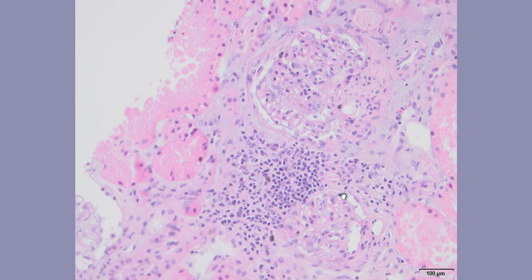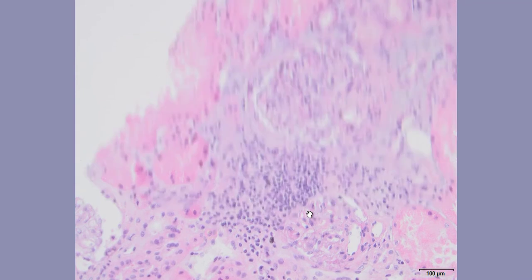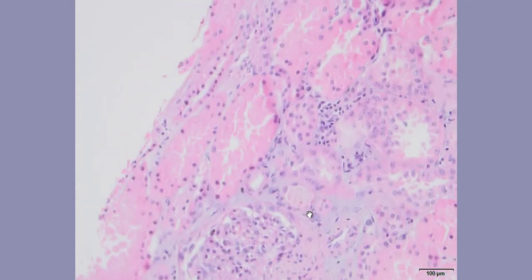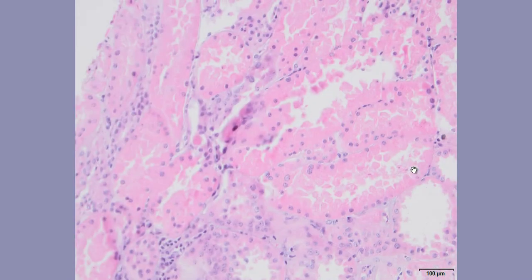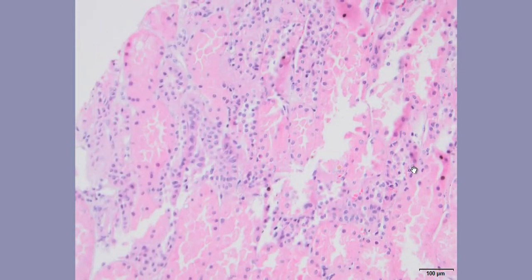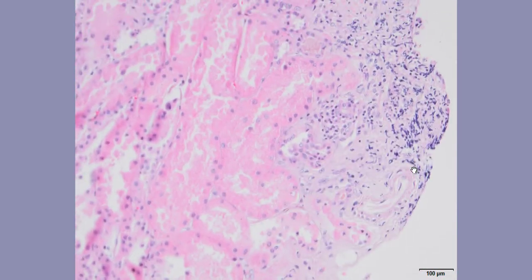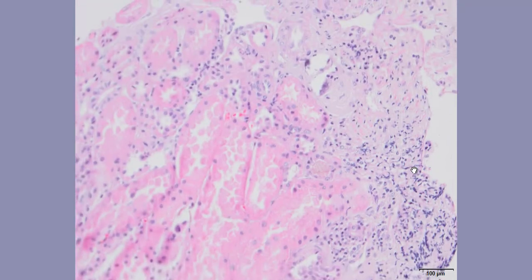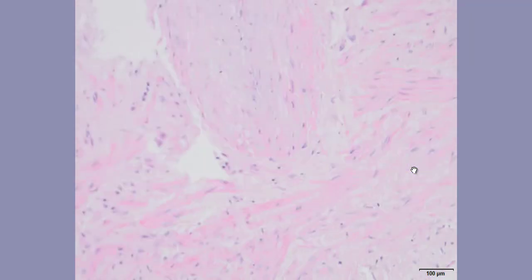Again, we have to keep an eye on this glomerulus as well. As I said, there's a focal inflammation. There wasn't predominant or substantial peritubular capillaritis. And this inflammation is usually located in areas where we've got glomerular pathology.